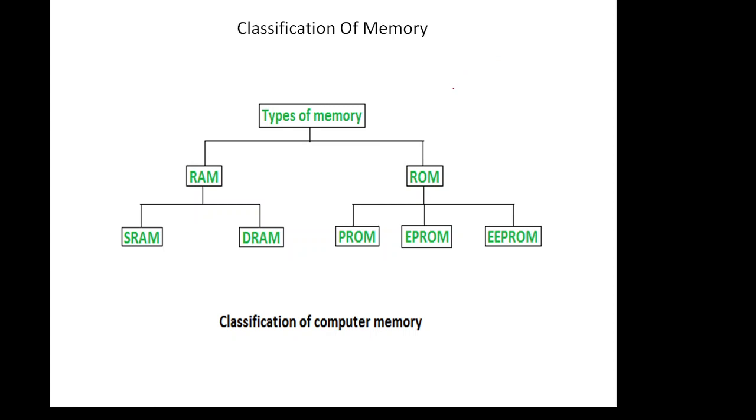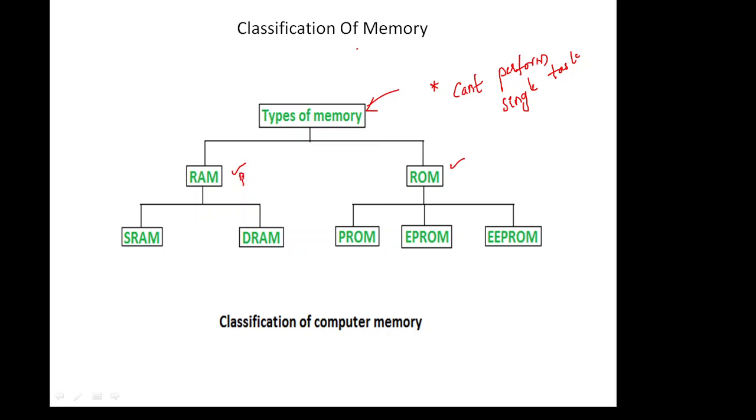That is the main thing when we study memory. It is that important. The major classification of computer memory is: the first one is RAM and the second one is ROM. This is the computer memory classification.